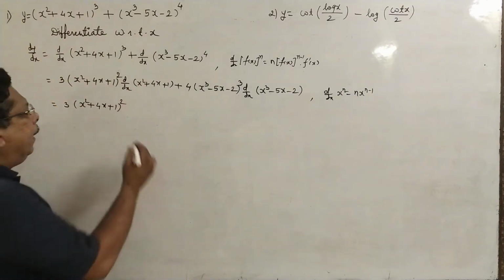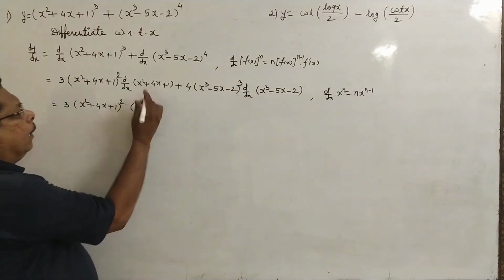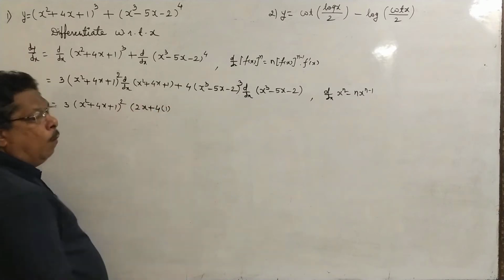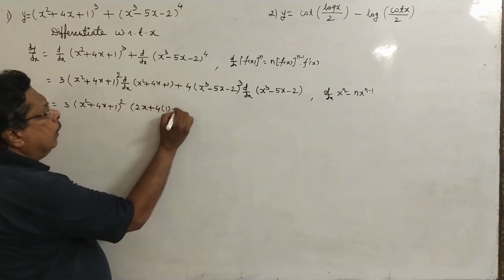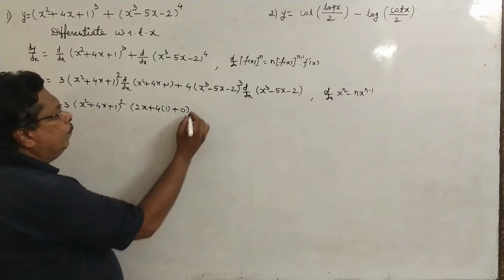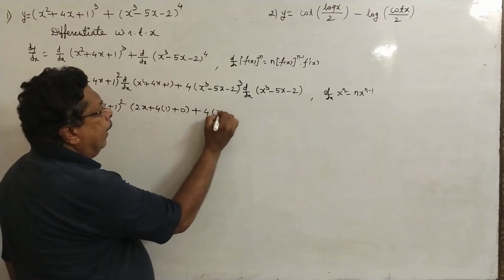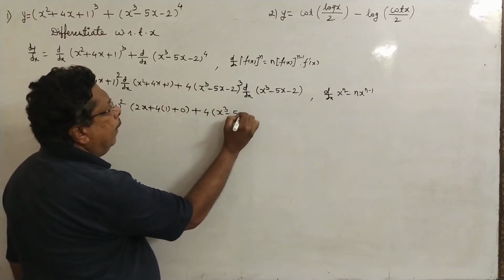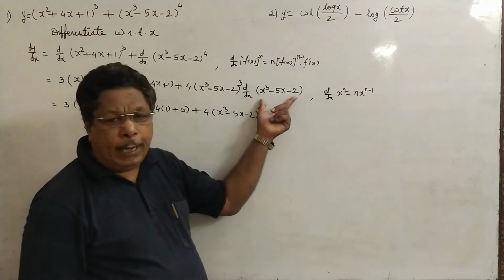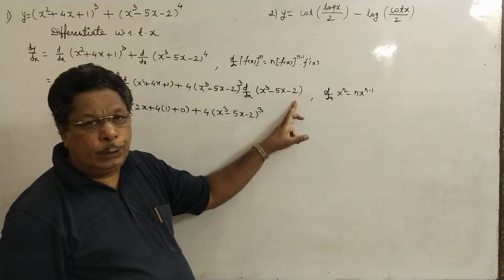So the derivative of x square is 2x, plus 4 into the derivative of x, which is 1. 1 is a constant, the derivative of a constant term is 0. Similarly, plus 4, carry this term, (x cube minus 5x minus 2) raised to 3.